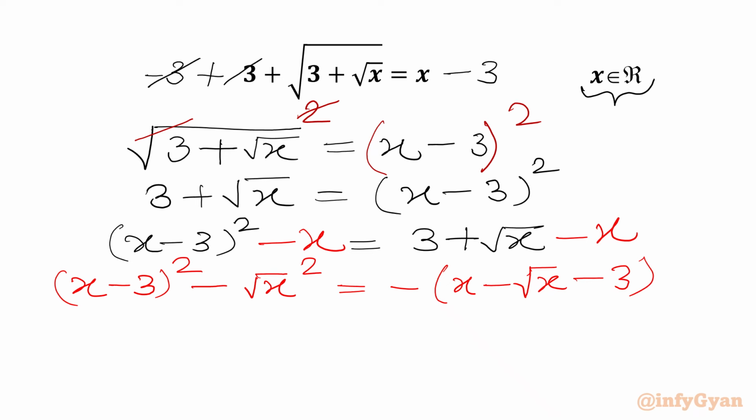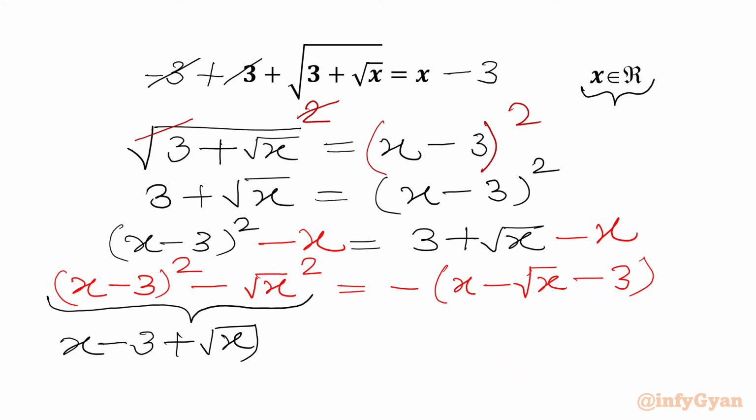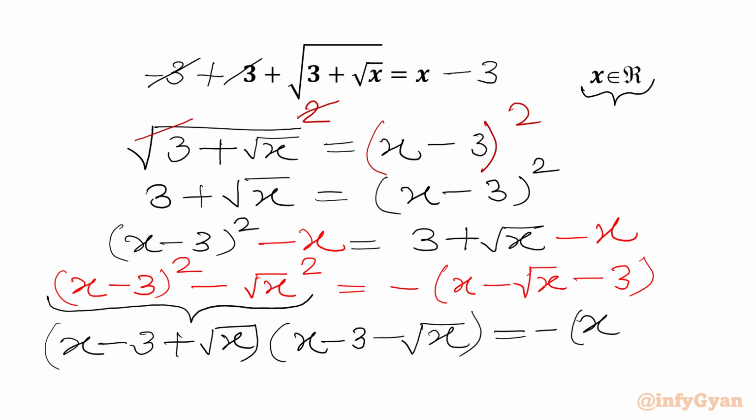Now we will use difference of two squares formula here. And we can write x minus 3 plus root x times x minus 3 minus root x equal to minus of x minus root x minus 3.